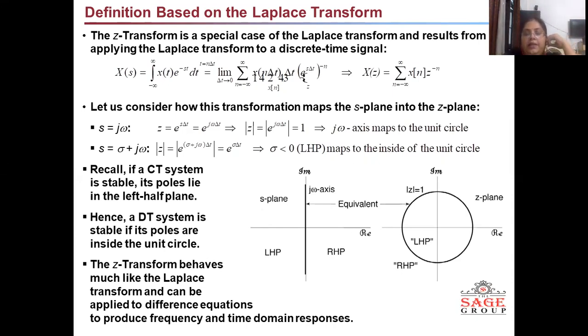So in terms of the discrete time signal, all poles should lie inside this boundary, meaning the unit circle. The Z transform behaves much like the Laplace transform and can be applied to difference equations to produce frequency and time domain responses.